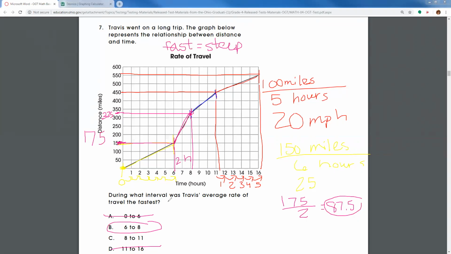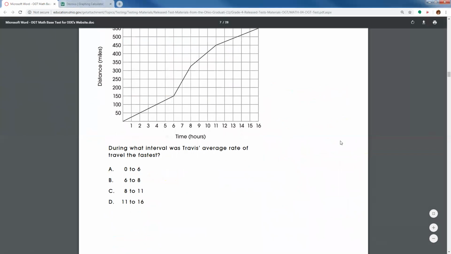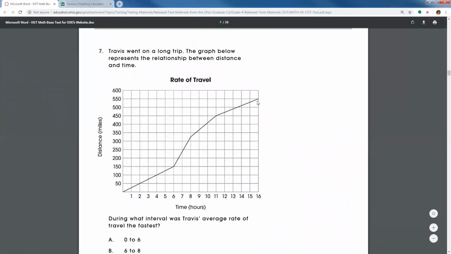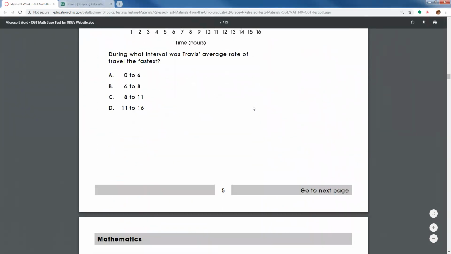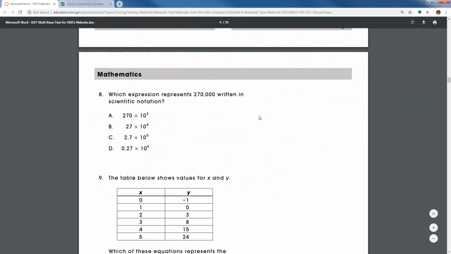And then the other ones just kept following along, but real slow. The steeper your line, the faster you're going. It's nice when you can just erase it all at once.